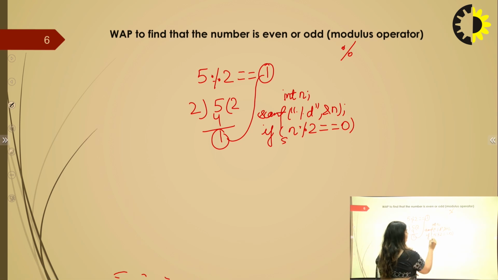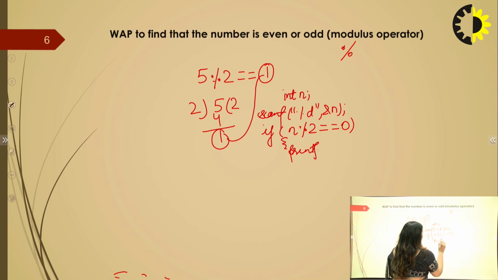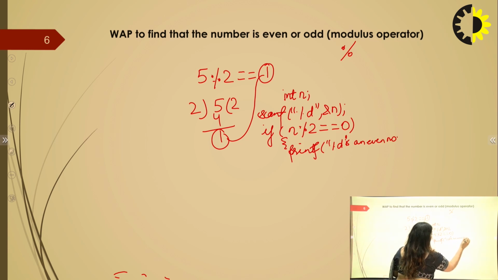So what will it print? Printf %d is an even number, and we can write this n.